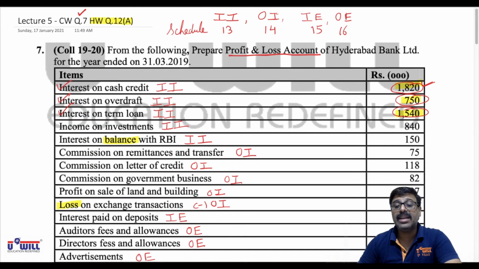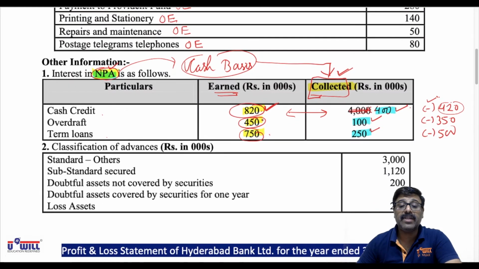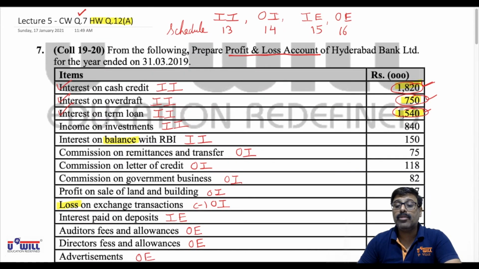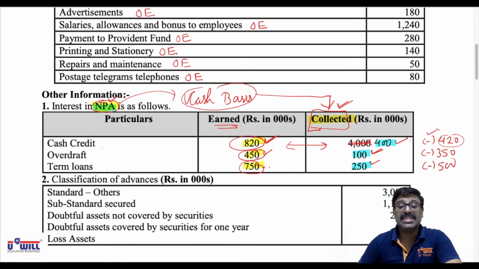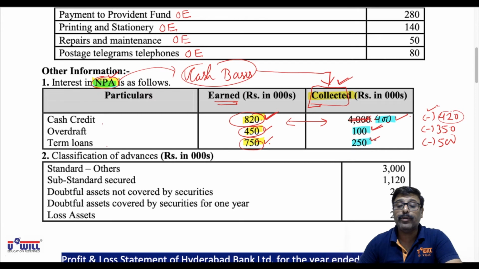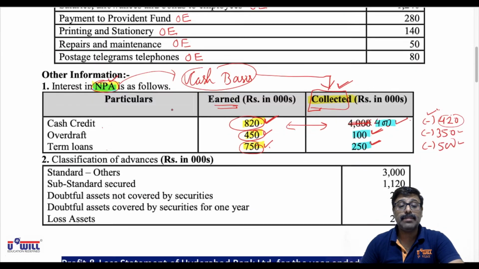Overdraft interest 750 includes 450 which we have earned. We should have included only 100, so the difference amount 350 extra included we will minus. Term loan interest 1540 includes 750. We should have included only 250, so the difference amount 500 extra we will minus. This is how we are supposed to give the effect of adjustment 1 in our P&L statement.